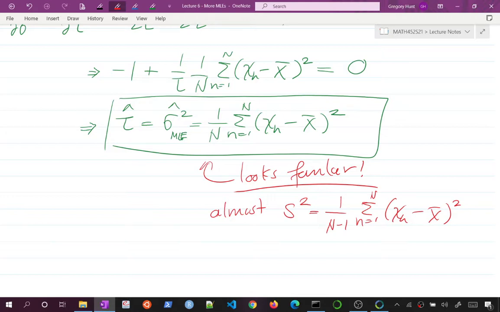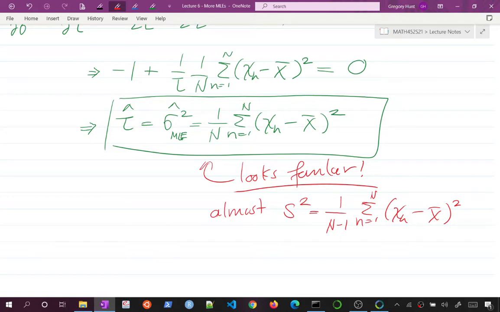So I don't tend to worry too much about it, because it's the MLE anyways, which is a reasonable estimator. For large n, it won't matter. And we'll talk about maybe next time smaller n. And maybe there's something better than either of those. Maybe there's a third option.